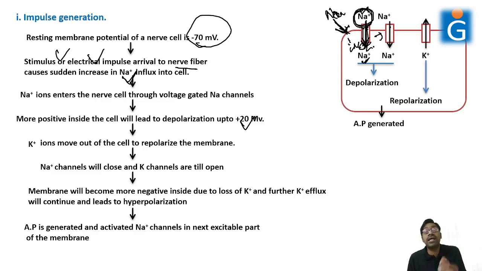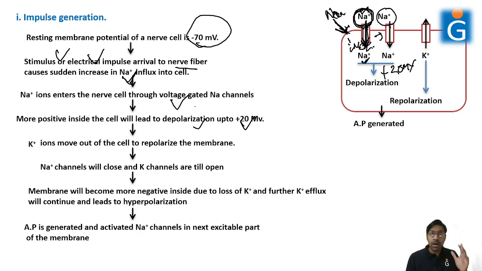When these voltage gated sodium channels open, there is a huge surge of sodium influx from outside of the nerve cell to the cytosol of the nerve cell, leading to an increase in the positive polarity inside the cytosol of the nerve cell to plus 20 millivolts. We are seeing here that the opening of voltage gated sodium channels leads to a huge surge of sodium influx, which will increase the positive polarity up to plus 20 millivolts. Then what is going to happen further?